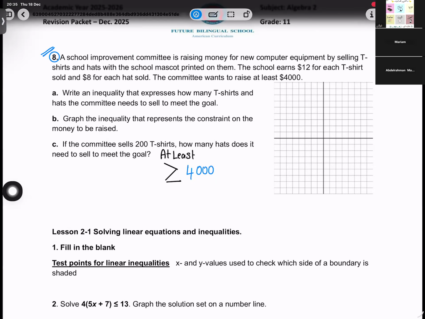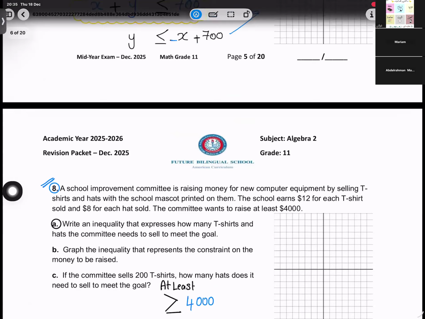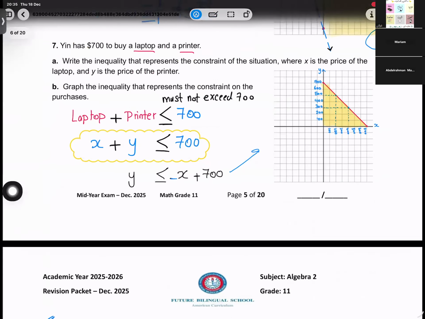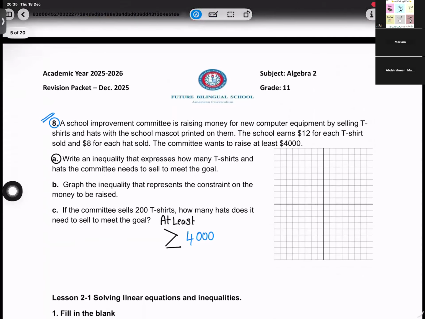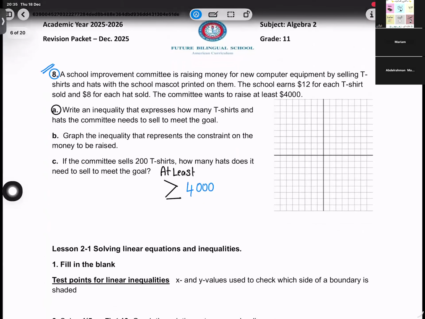Can we write first the inequality the same as we did with the computer, the laptop and the printer? So you just do x plus y. If x plus y is at least, it should be equal to 4000 or greater.